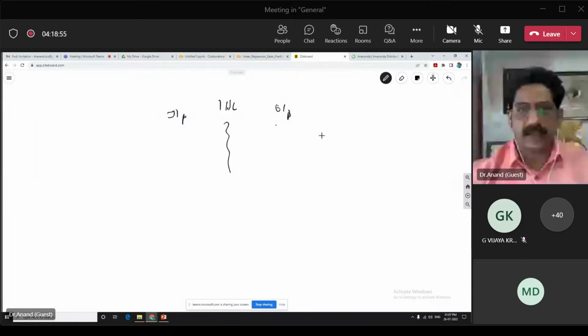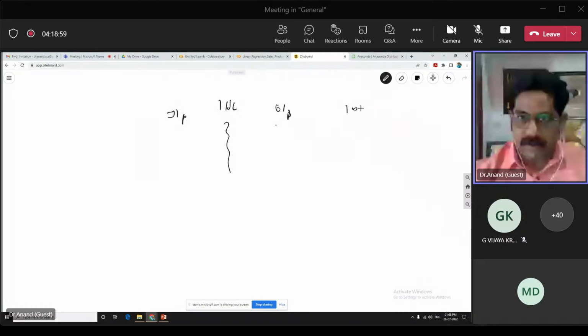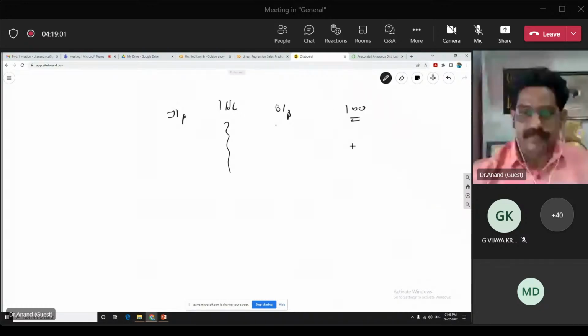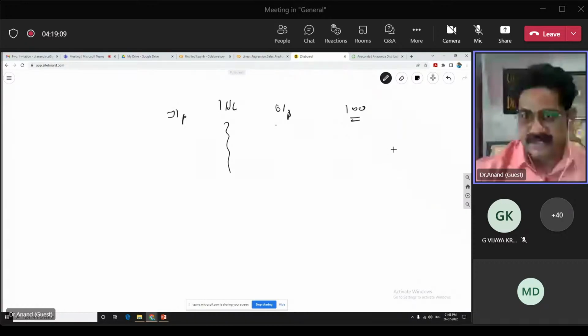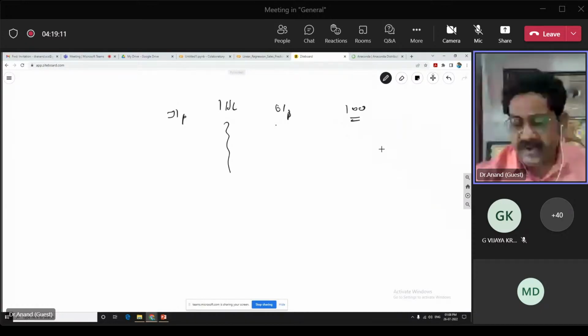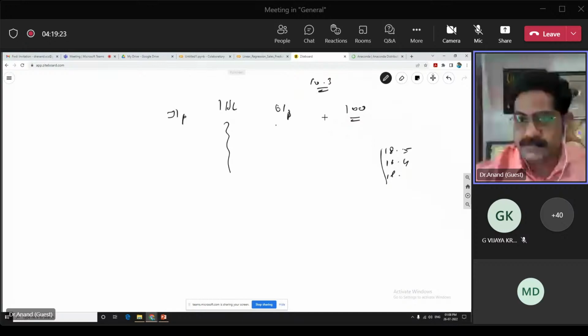Whenever you run the algorithm with, for example, 100 iterations, if it is a regressor, every iteration is printing the RMSE score. For example, every time it prints 18.5, 18.4, 18. But you are expecting a better score, around 10.3.